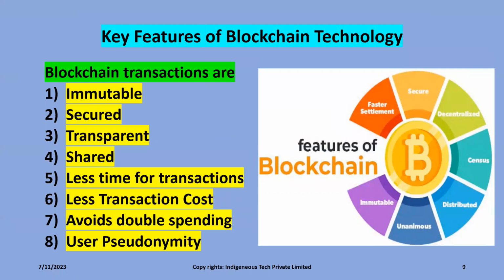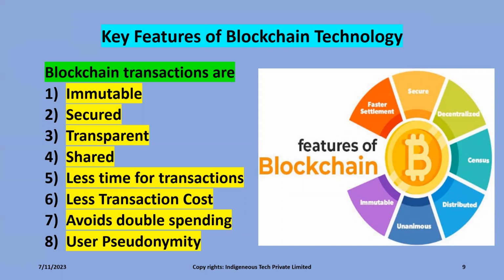Now, the key features of blockchain technology. If you ask why we should use blockchain technology in our required scenarios, the blockchain has beautiful characteristics, which create a new paradigm in the technology IT stack. The blockchain transactions which are recorded as part of the block are immutable.